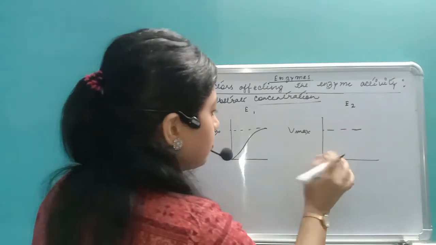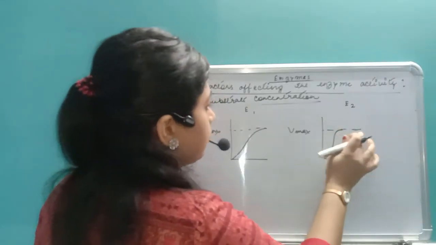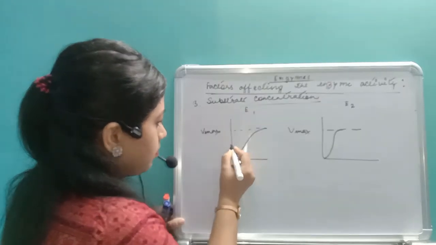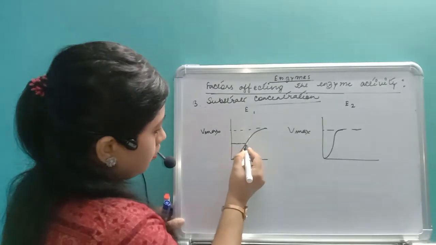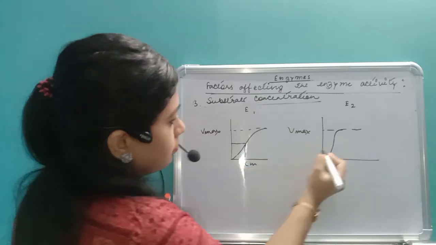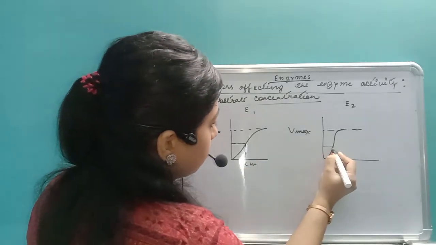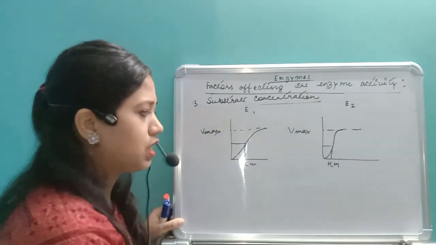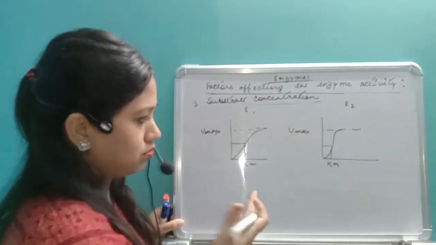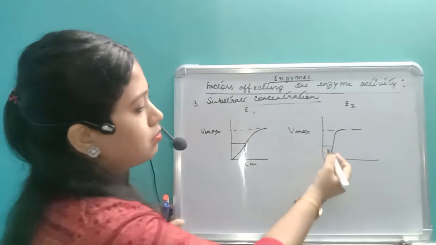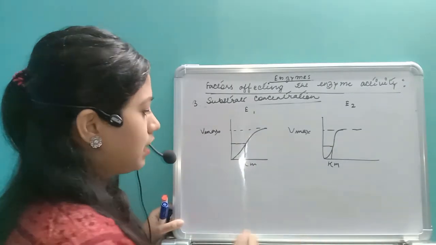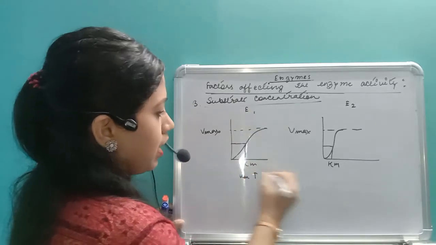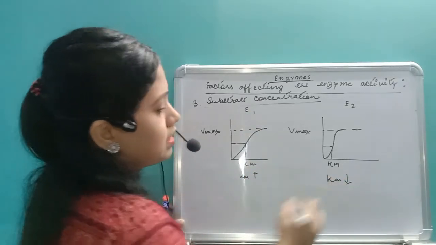Suppose this is the Vmax. Now the Km, at half of the Vmax, will be this much, so this will be the Km for one and this will be the Km for the other. I am not using any scale, so it may look like this, but if you go through it roughly, you can see the Km value for this enzyme is more and the Km value for the other is less.